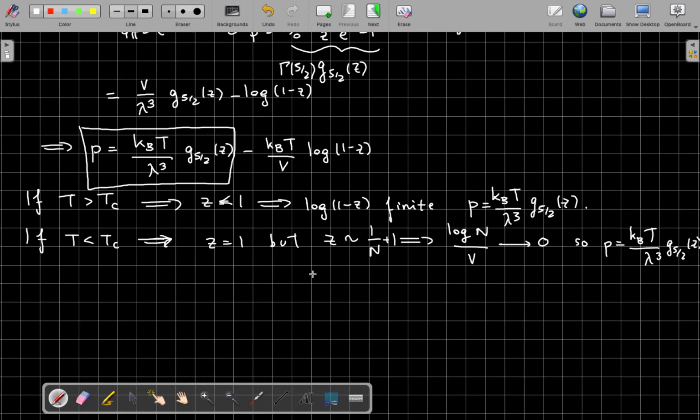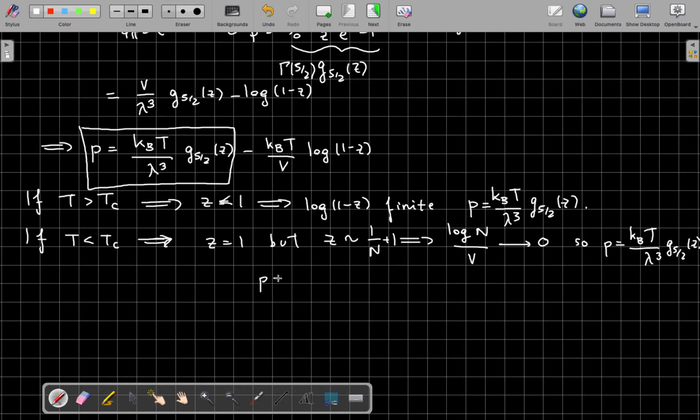Note, interestingly, that because below the critical temperature z is equal to 1, this is essentially a result of the fact that below the critical temperature, only the ground states start to get occupied. So your chemical potential has to be 0, and hence z is equal to 1.